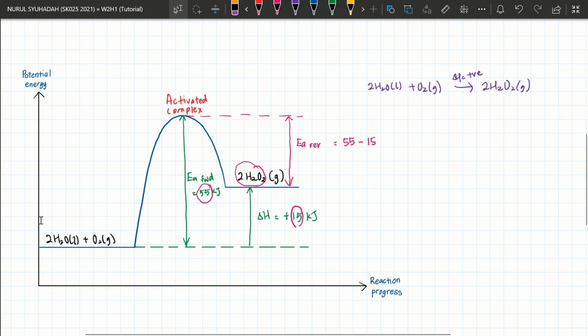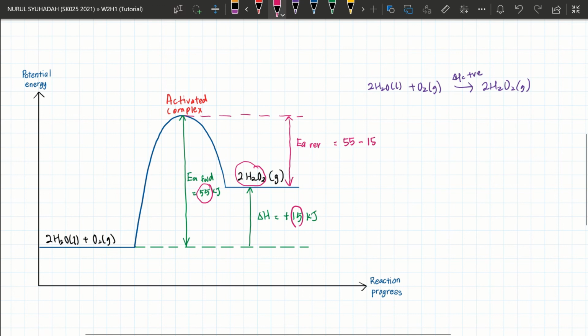By looking at this, you can see logically why I minus 15, not add it. If I add 55 with 15, I will get a larger energy. But from the arrow itself, you can see that the arrow for the reverse reaction is actually smaller. So it needs to be smaller than the 55 value.